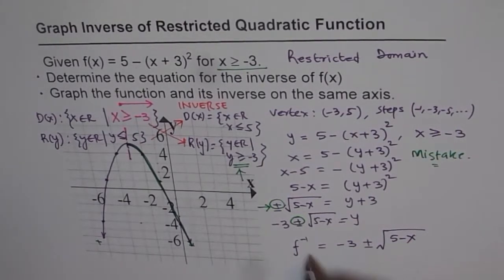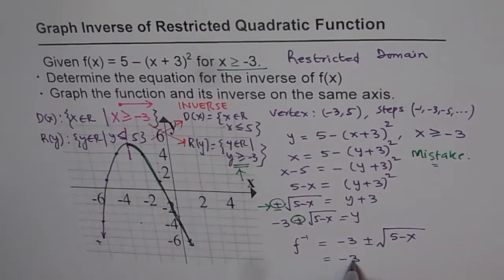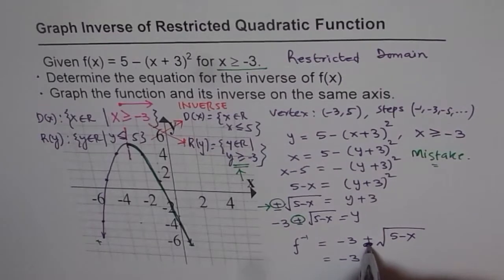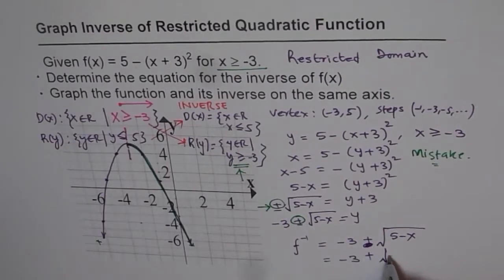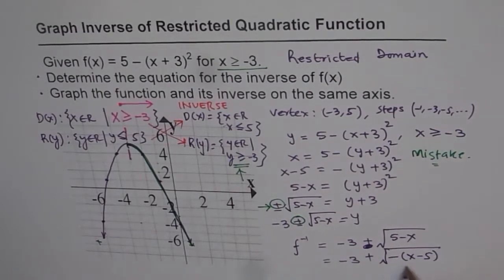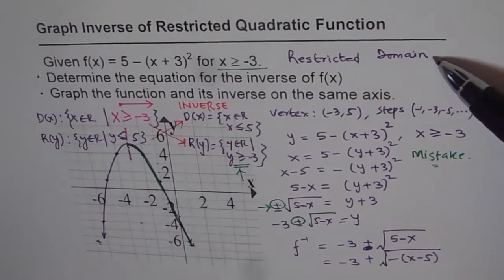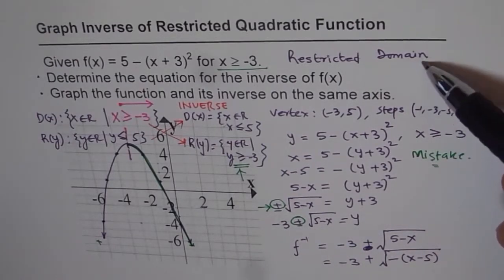Well, I would have actually preferred to write this answer as minus 3 plus the square root of minus x minus 5. So that was actually a better answer for this particular question. But in any case, the important thing here is you have to consider only the plus sign and not both plus and minus when you do square root for a restricted domain function.